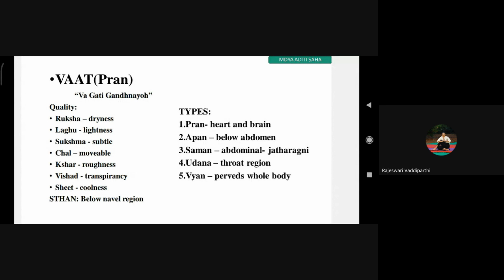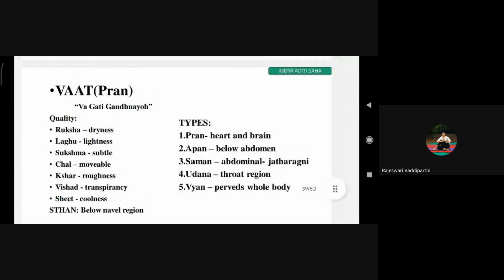And now the types of Vata. Five types of Vata or five types of Prana are there. This division we all know: Prana, Apana, Samana, Udana, and Vyana. So Prana resides in the heart and brain region.